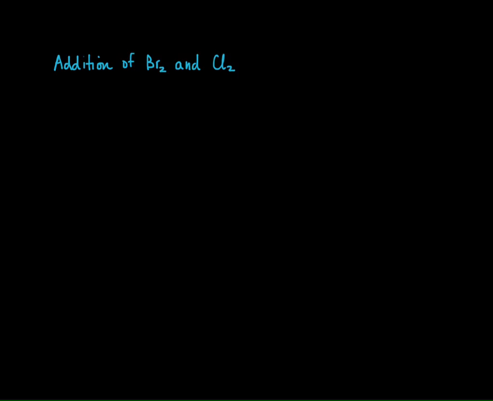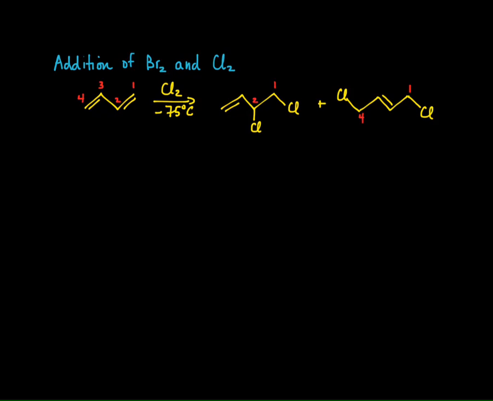Now, we're going to see a very similar occurrence with the addition of a halogen as well. So again, I'm going to take 1,3-butadiene, react it with chlorine at minus 75 degrees, labeling the carbons 1, 2, 3, and 4, and I see I get a 1,2 addition, and I get a 1,4 addition, just like I did with the addition of HCl, or HBr, right?